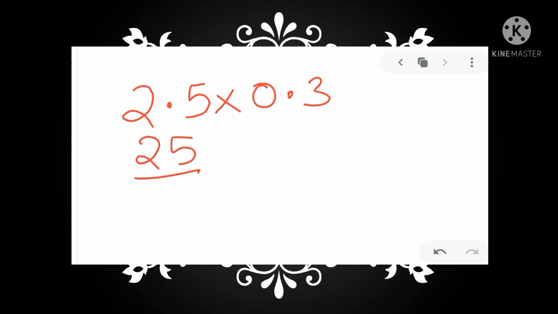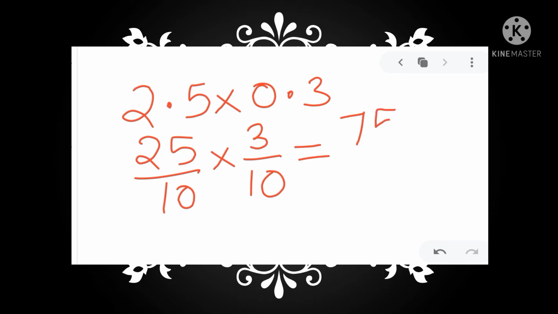Another one, if both are decimal numbers, what can we do? That is 2.5 into 0.3. Here first we want to write 25 by 10 into 3 by 10. Then 25 into 3 is 75 by 100.